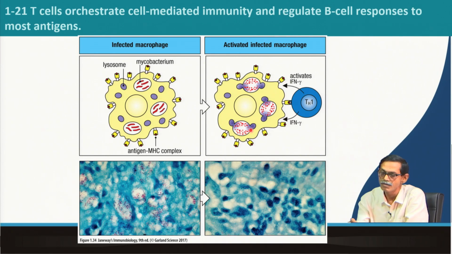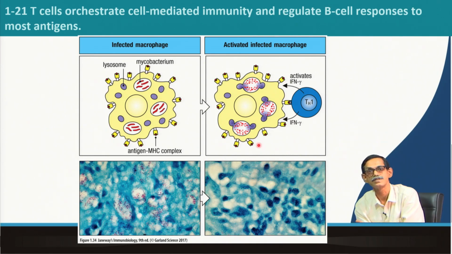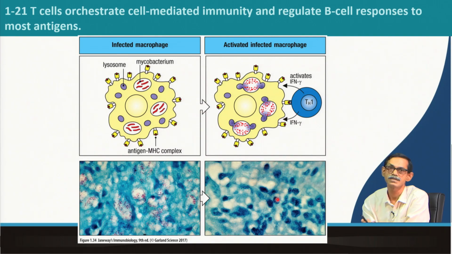So, we do not see any infection. This is how T cells help the adaptive immunity, because this T cell receptor response takes time. And in this case, normally you do not see any bacteria inside this tissue. So, this is called the Th1 response of T cells.